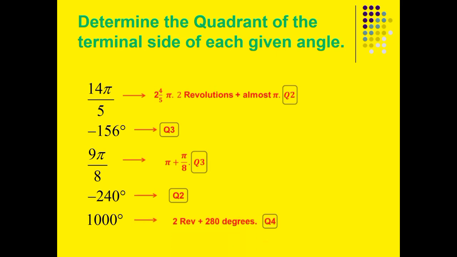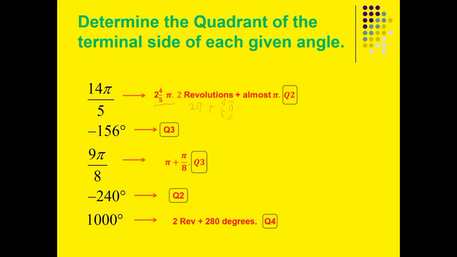In number 2 of this problem, if we make this into a mixed fraction, we come up with 2 and 4/5 pi. Meaning to say, we have 1 revolution, which is equivalent to 2 pi plus 4 over 5 pi, which means this 4 over 5 pi is our coterminal angle.